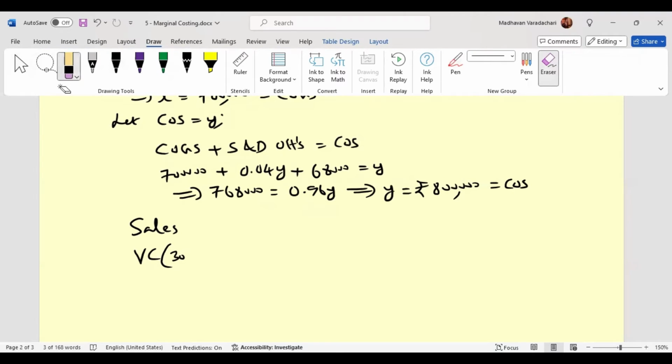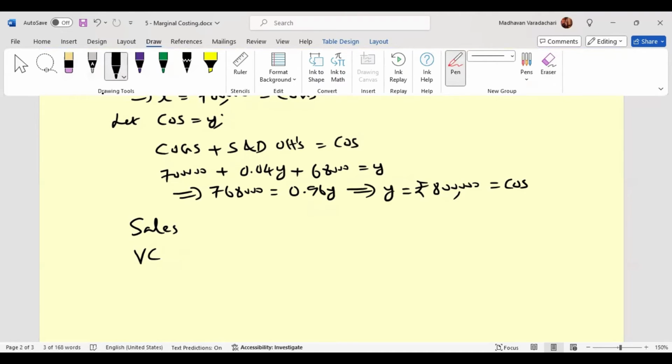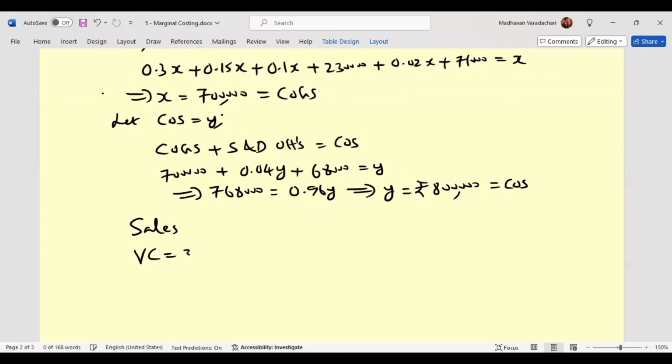Let me put it like this: 30% plus we have 15% plus we have 10% plus we have 2% of COGS. That works out to 7 lakhs times together the percentage, if we add it, 45 plus 10 is 55, plus 2 is 57, 0.57.